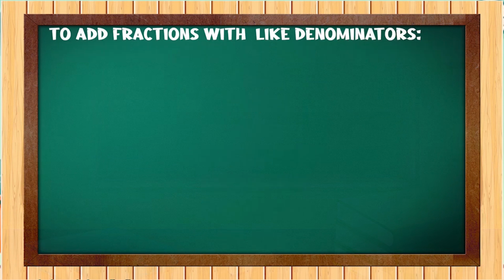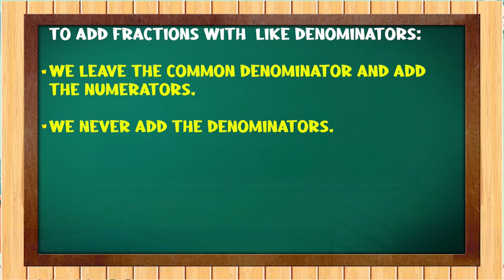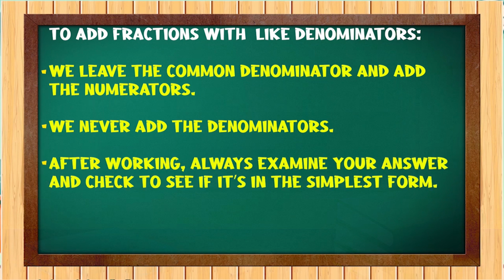To add fractions with like denominators, we leave the common denominator and add the numerators. We never add the denominators. After working, always examine your answer and check to see if it's in the simplest form.